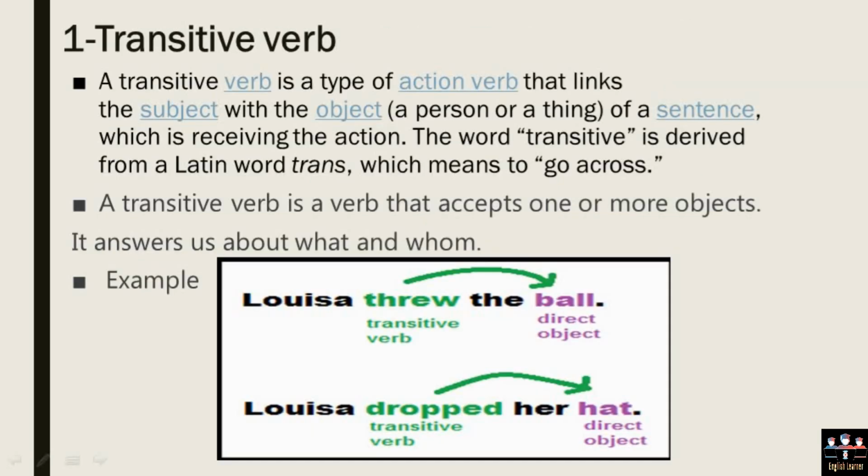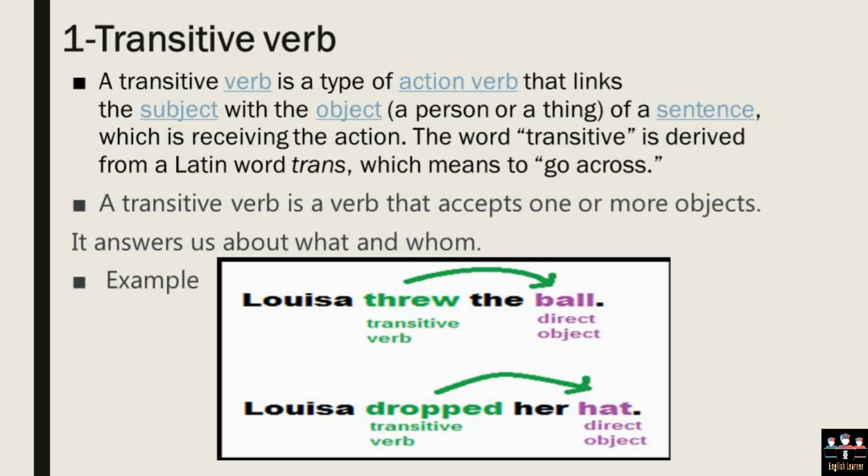Number 1, transitive verb. Now we are going to study our main topic. As the name implies, transitive means to pass over. Transitive is derived from the Latin word trans, which means to go across.